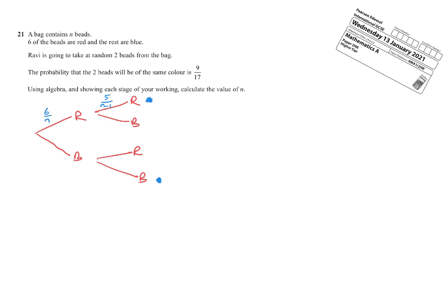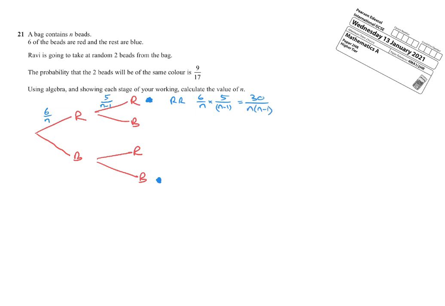So the probability of red followed by red, you know how it works with tree diagrams. You multiply when you're going across here, so it's this multiplied by this. So for red, red, it is going to be 6 over n multiplied by 5 over n minus 1, and that equals 30 over n(n minus 1). That's the probability of picking red, red.